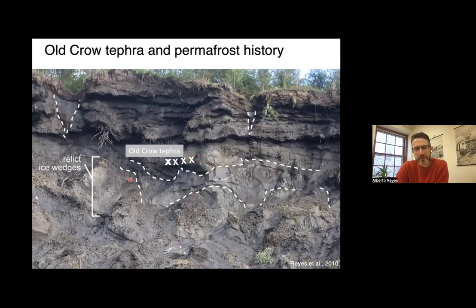And again, if permafrost had thawed during MIS5, then these wedges would not exist anymore, right? This is not the kind of massive ground ice that forms post-depositionally, after deep thaw of the ground. And so this provides a nice datum on the persistence of permafrost through warm interglacials.